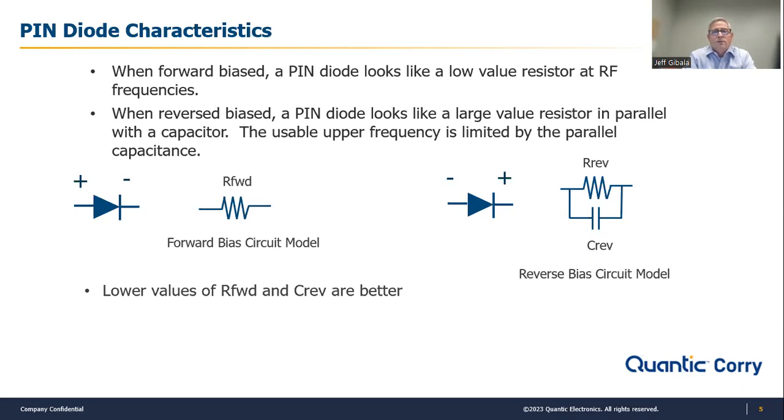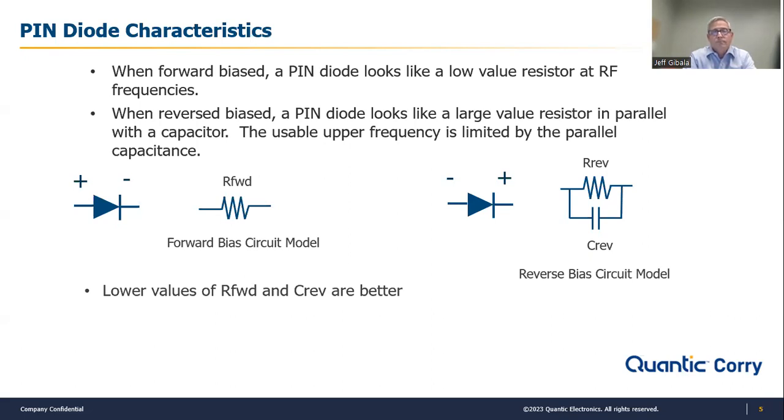So the usable upper frequency is limited by the parallel capacitance because the high frequency energy can bypass the high value resistance through the capacitance. So obviously lower values of forward resistance and reverse bias capacitance are better. They will improve the isolation and return and insertion loss.